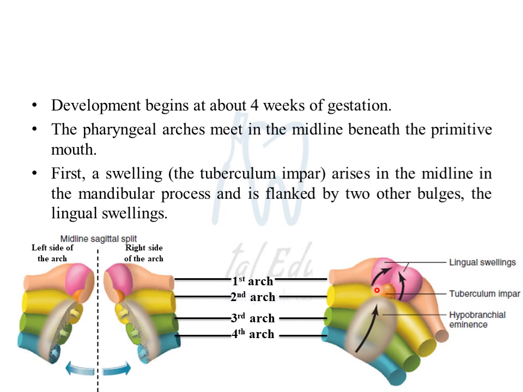You can see this is one lingual swelling coming from the left half. This is another lingual swelling coming from the right half. So flanked means that it is overgrown by the other two bulges. In total we have two lingual swellings and the one swelling, the tuberculum impar, which grows from the midline, involved in the formation of the anterior portion of the tongue.